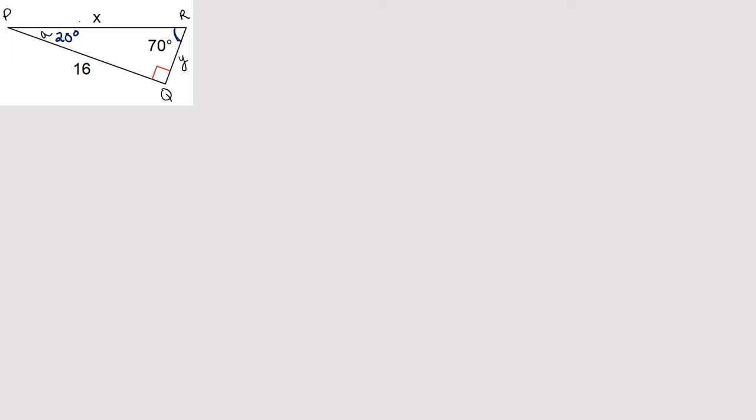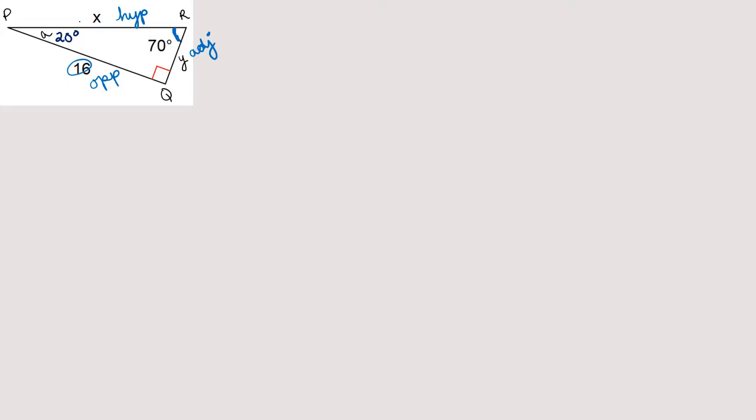This 16 is opposite this 70-degree angle. The y is adjacent, and the x is the hypotenuse. So if I want to find x, I'm going to focus on the 70-degree angle, what I'm given, and how that x relates to all of it.